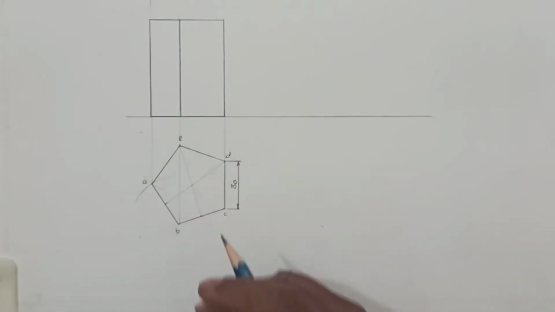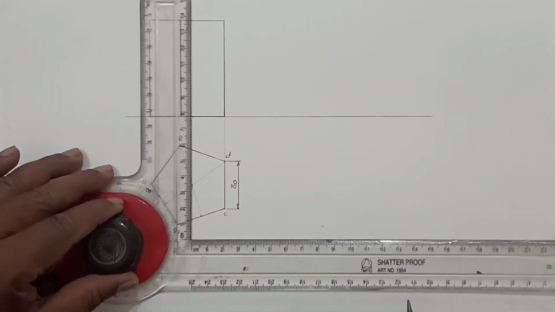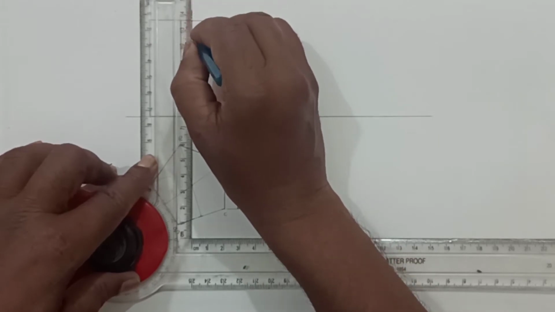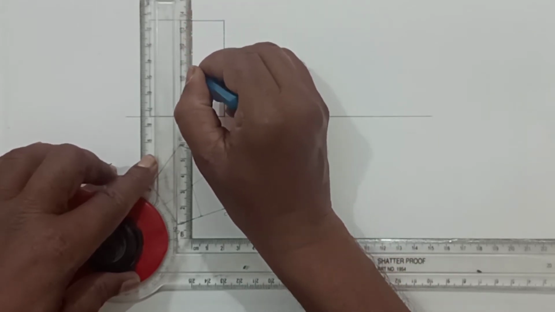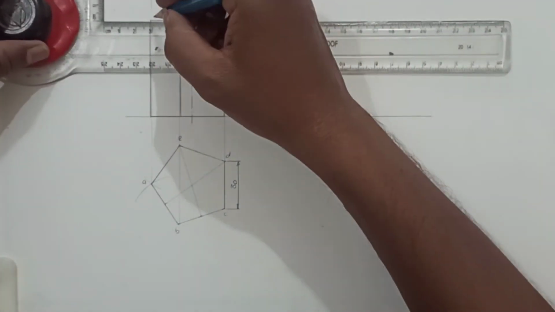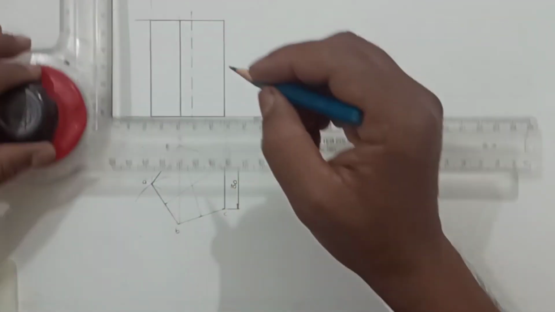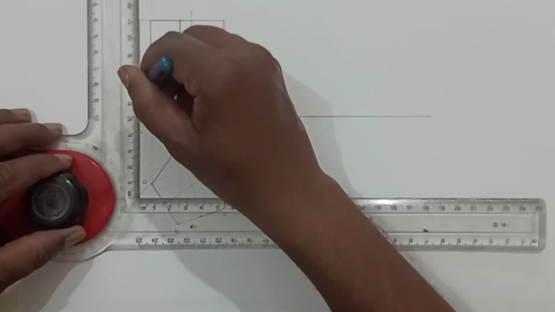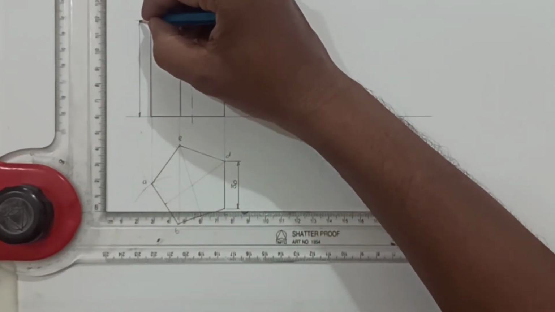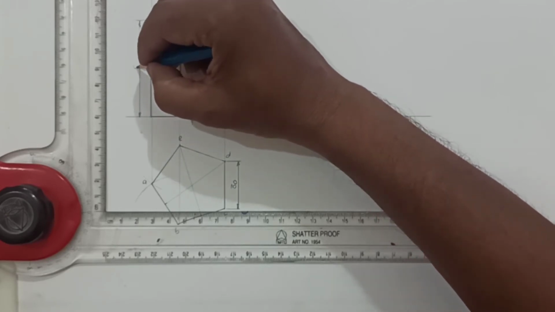Thus this intersection point gives us the location of the axis. Draw it by center line. Show its dimension of height. Height is 60 millimeter.